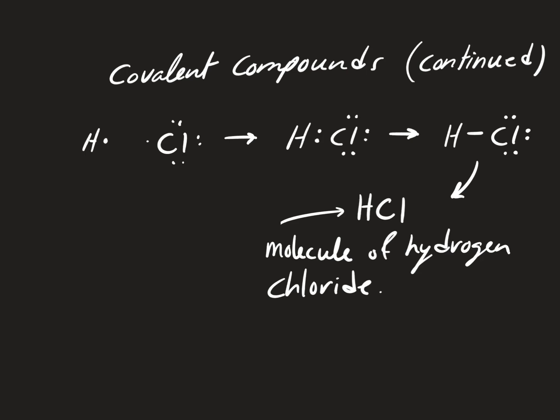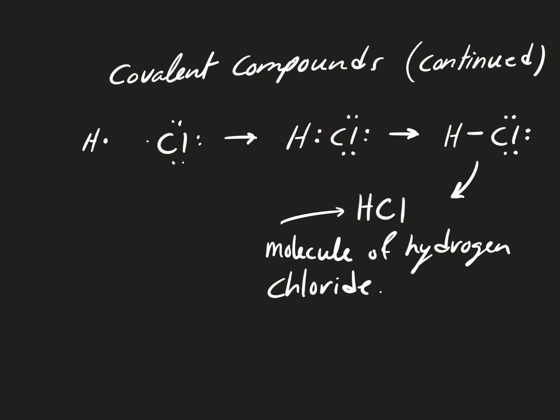What I just put together here is just a brief overview of where we left off last time, just in case you needed to see this again. So hydrogen and chlorine are coming together to form a covalent bond, all right? This is a shared pair of electrons right there.